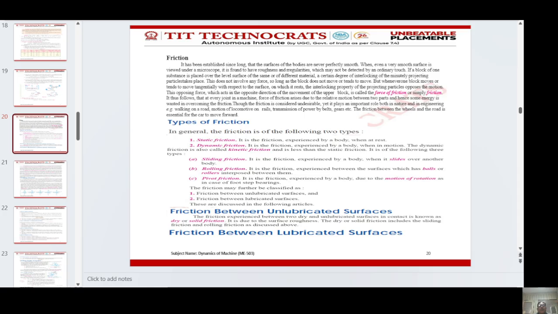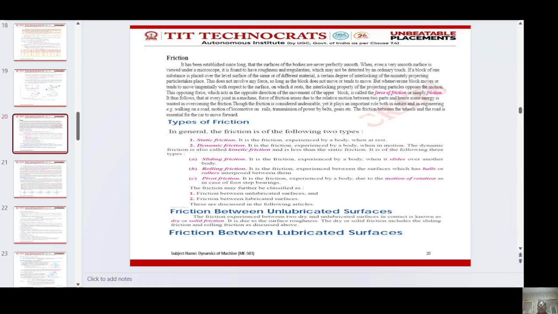If a block of one substance is placed over the level surface of the same or a different material, a certain degree of interlocking of minutely projecting particles takes place. This does not involve any force so long as the block does not move or tend to move.